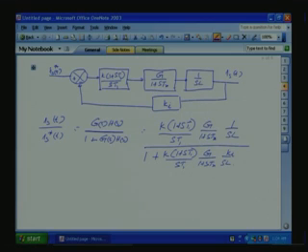Also, the purpose of the PI controller is that we choose T1 such that it cancels a dominant lag element here.